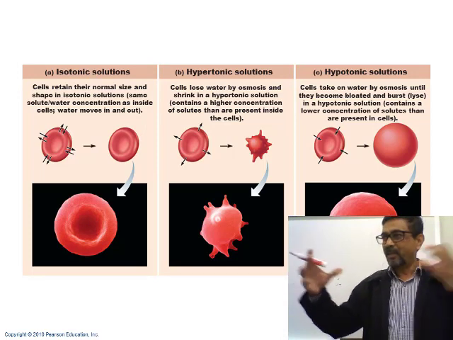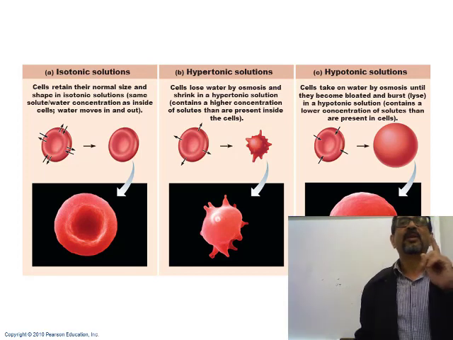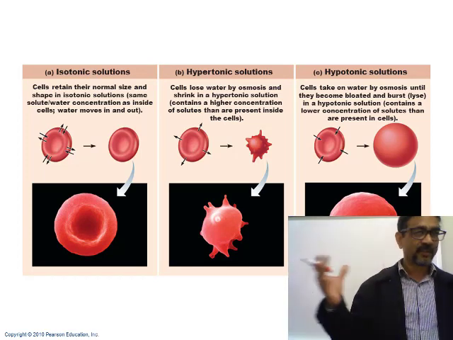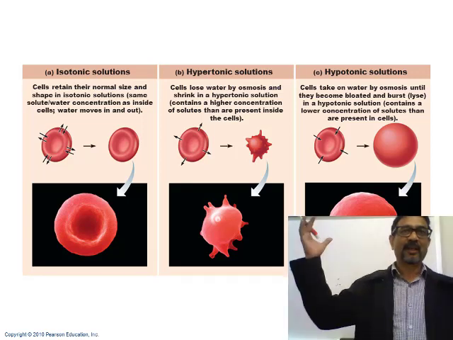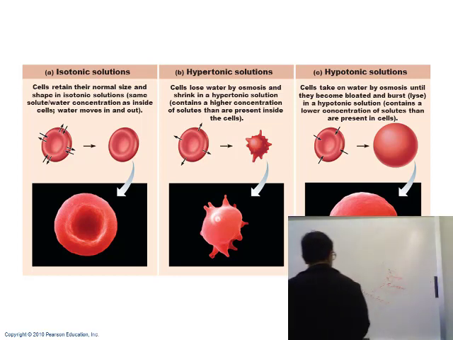Bigger, enlarged, right? Swelling of the cell will occur. So eventually it may burst, rupture, because it will get bigger, and can be ruptured. So that is the response of the cell in hypotonic solution. Water will get in and the cell will get enlarged.